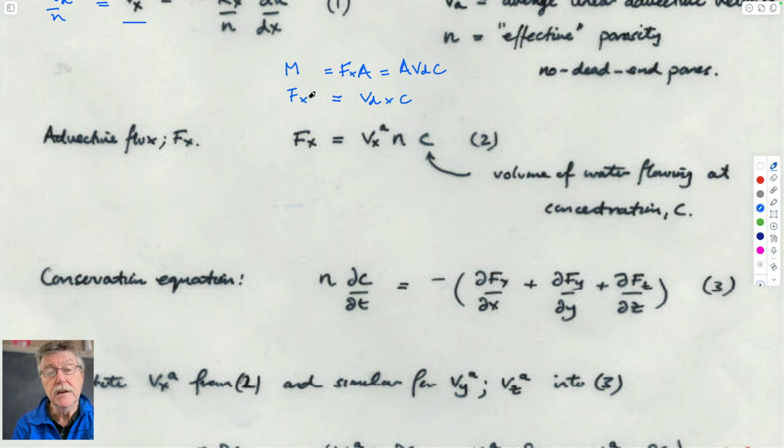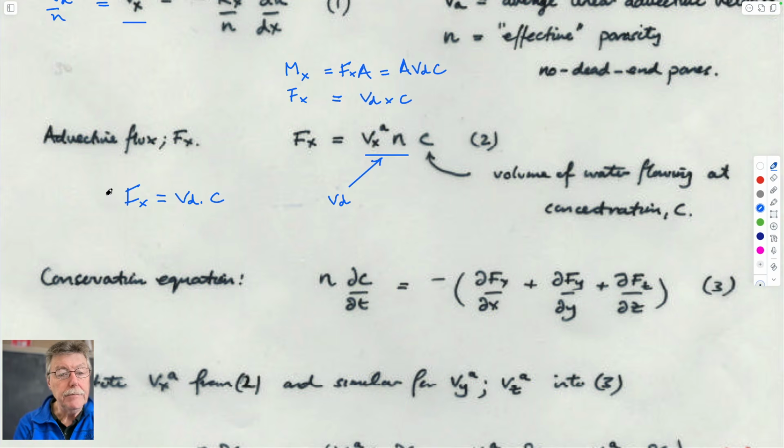You already used this. So this is the mass flux in the x direction. It's written here because we're using the advective flux and porosity, but this is also just the Darcy velocity, right? So perhaps I'm making more. So the flux per unit area of solute is equal to the Darcy velocity multiplied by its concentration.